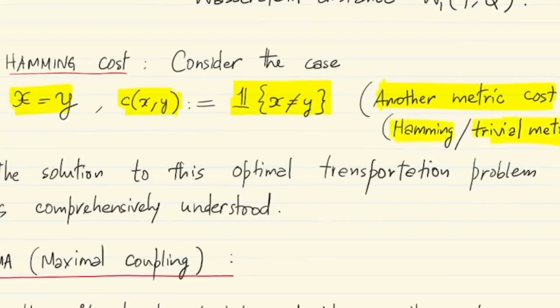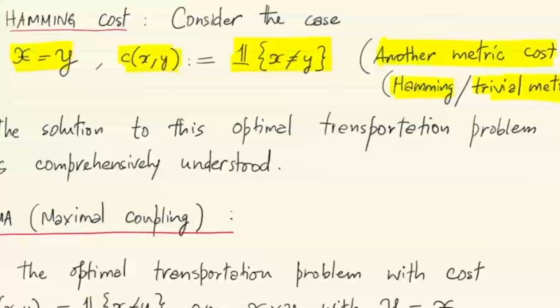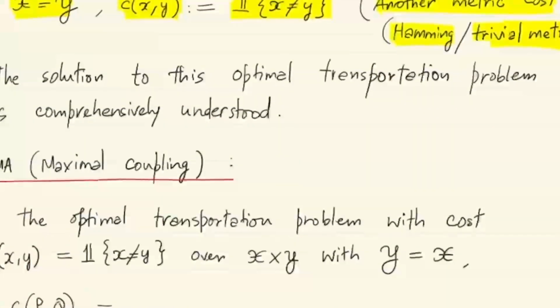Okay, so imagine that you have the spaces being the same, and you have two given distributions P and Q on X, and you want to find the coupling between P and Q that minimizes the expected value of the indicator that x is not equal to y. The solution to this optimal transportation problem has been well studied and understood, and can be seen by the following result that we will prove.